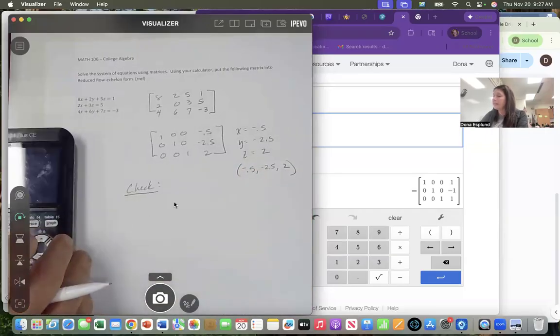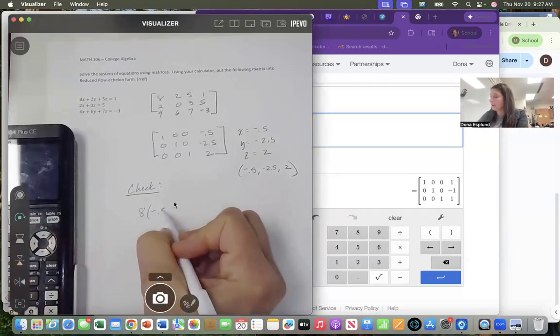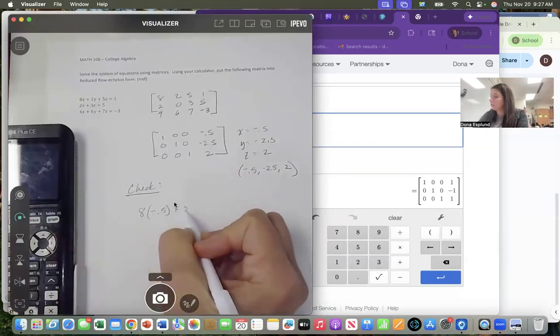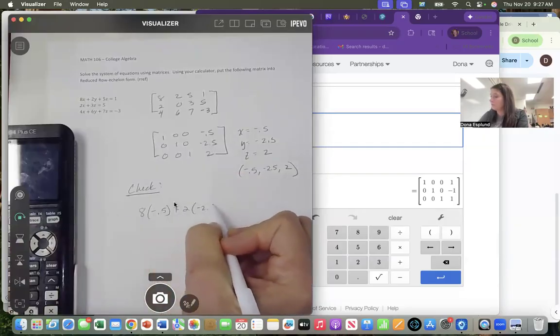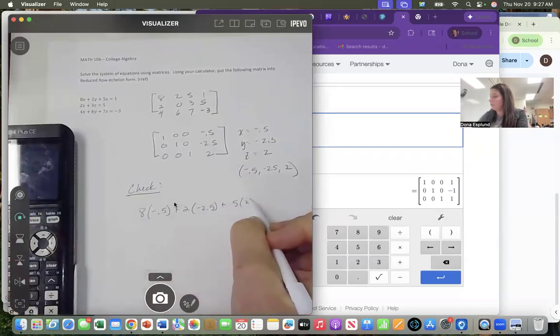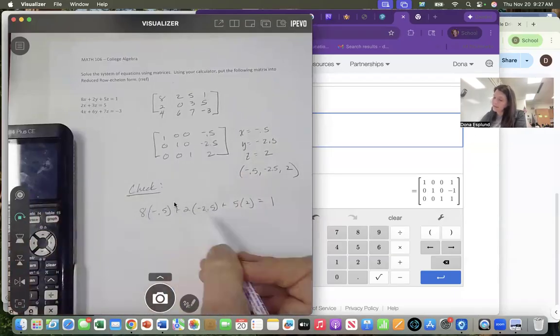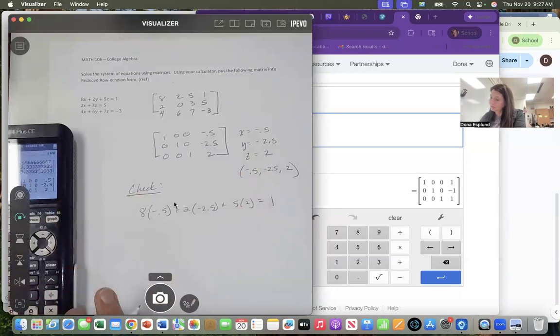That means if I substitute that back in, if I have x times -0.5 plus 2 times -2.5 plus 5 times 2, it is going to equal 1. It better be a true statement. This is what I'm going to ask you to show me, to make sure you've inputted everything correctly.